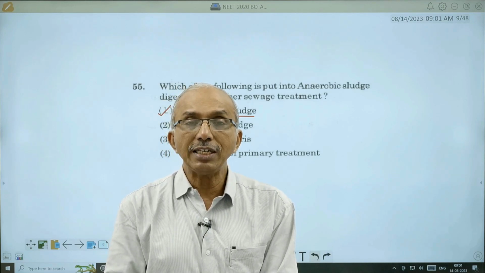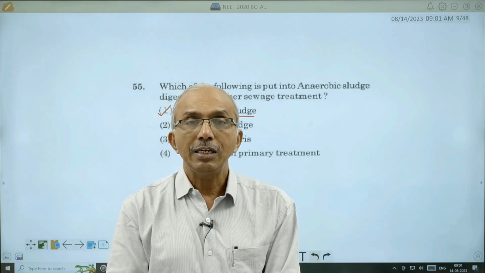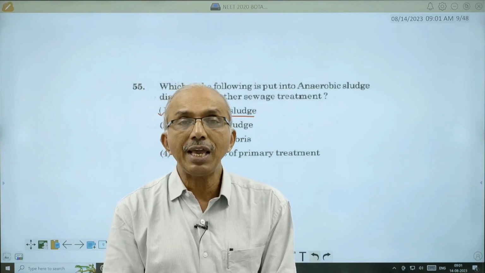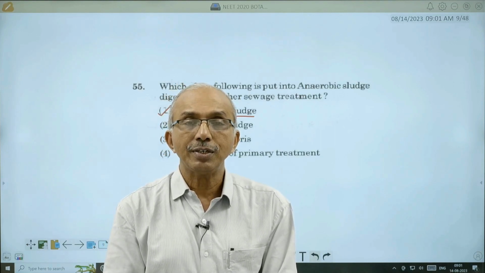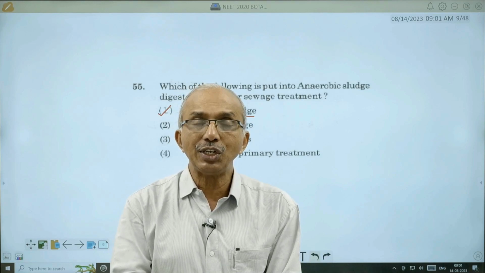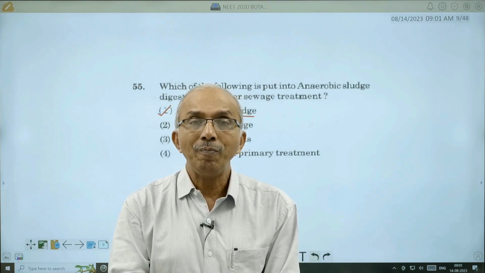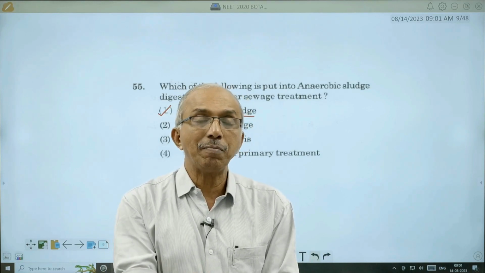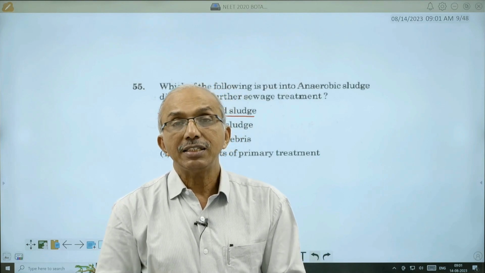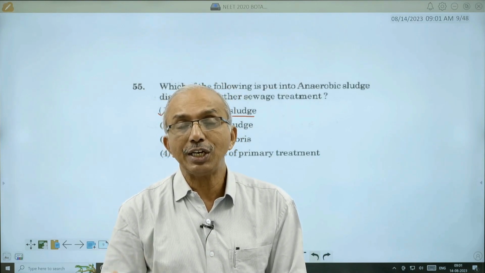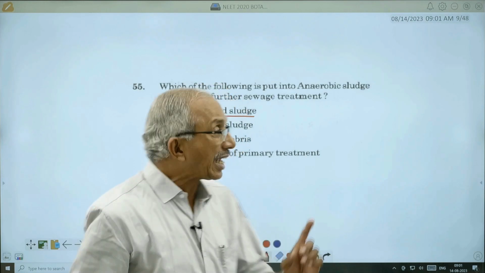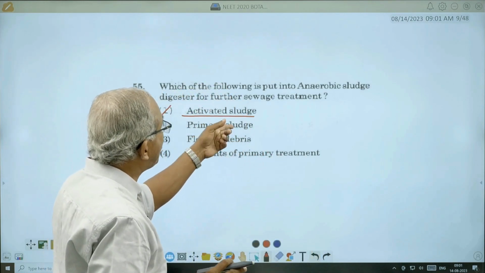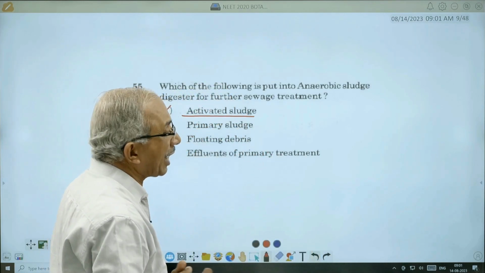This flock is allowed to sediment. Sedimented flock is called the activated sludge. This activated sludge is subjected to anaerobic treatment in anaerobic sludge digesters.